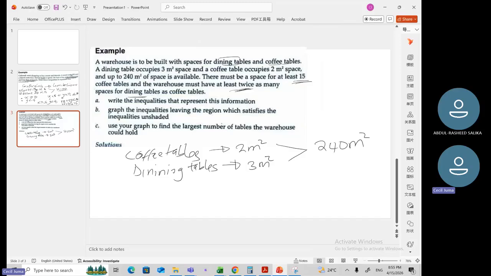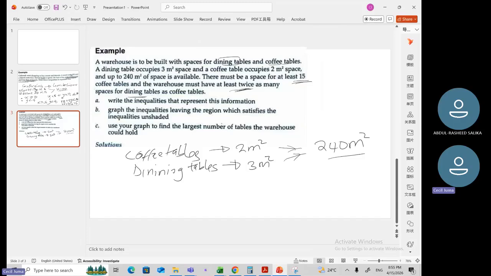Because our warehouse is only that big, you can't have coffee tables whose space, together with the dining tables' space, exceeds 240. These are just arrows, not the symbols.